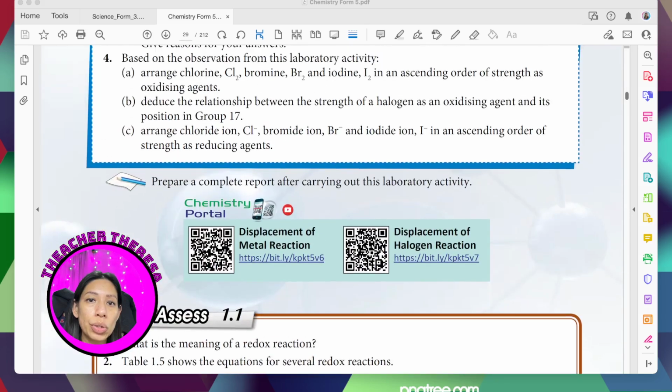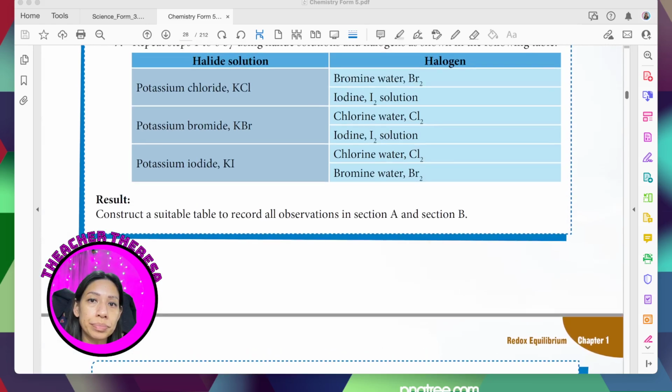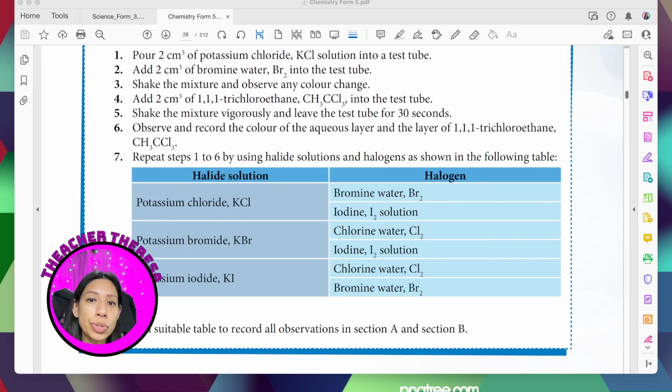So the experiment will actually use different halide solution and different halogen to deduce whether there is any redox reaction or not. So that is for the experiment. Now we'll go and watch the last video on balancing redox reaction.